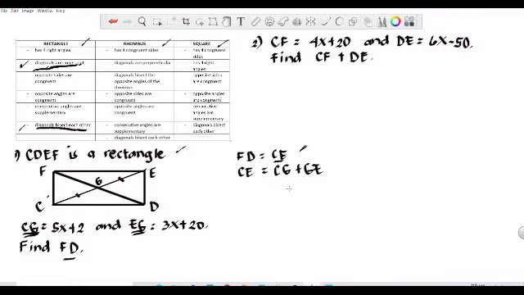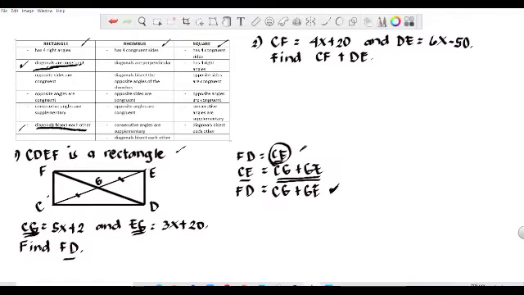And from this one, pwede natin siyang isulat as the diagonal FD is equal to, instead of writing CE, okay, dahil given nga ay CG tsaka GE, we will write this, the sum of CG and GE, alright? Because ito ang kabuuan ng CE. So we can write here that FD is equal to CG plus GE. Okay? So, gagamitin natin itong equation na ito sa dulo.